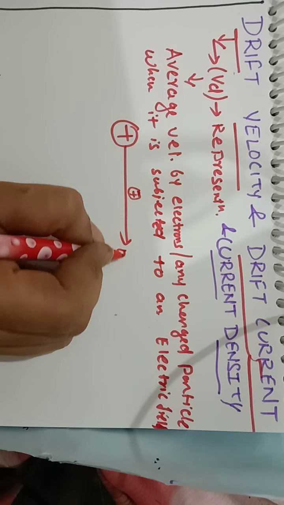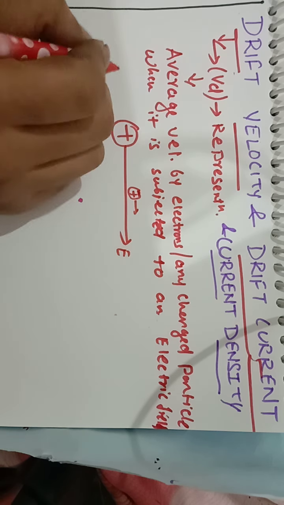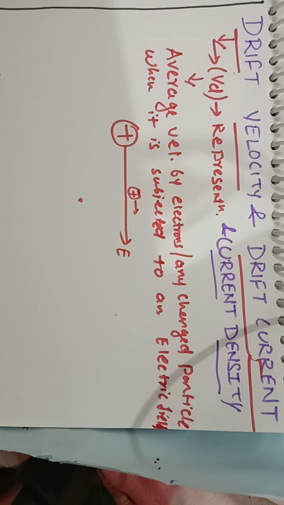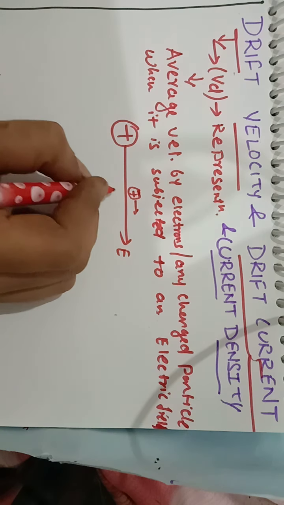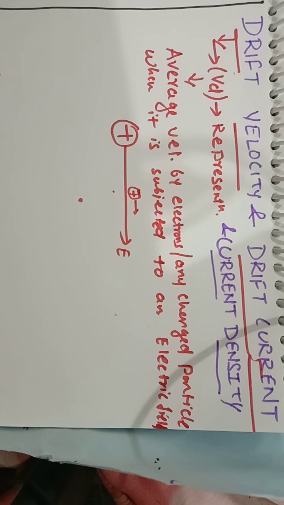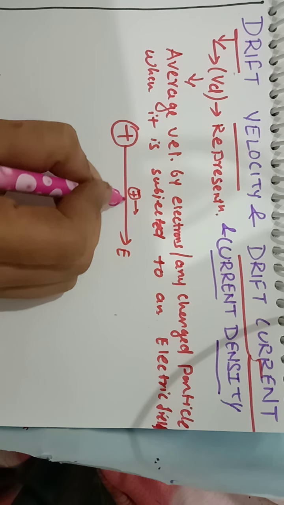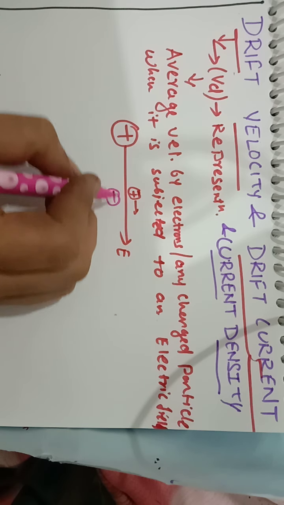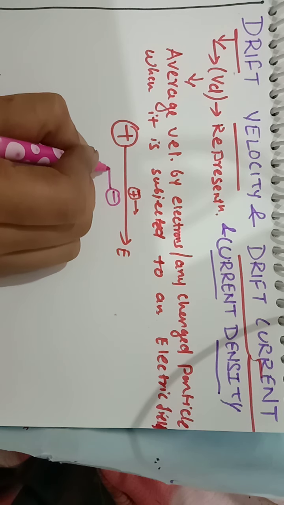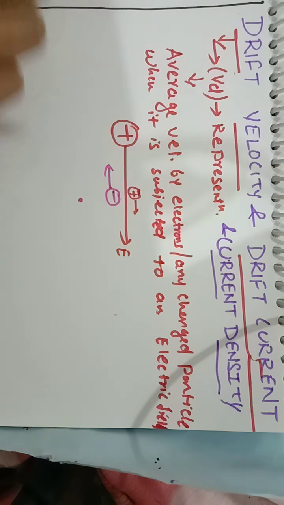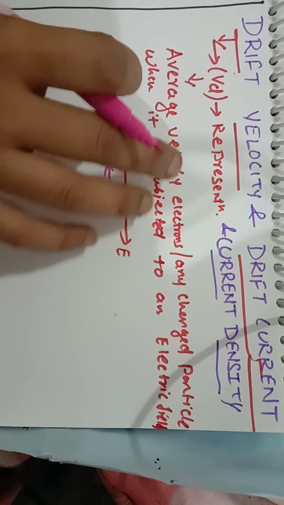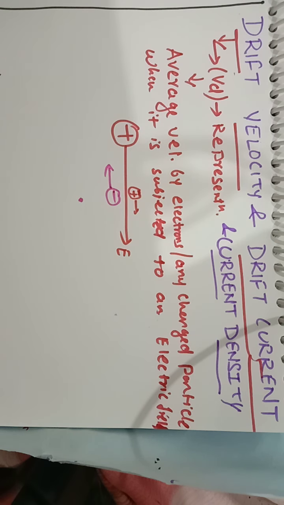In the direction of the electric field. And if we take an electron in this path, under the influence of this electric field, it will move opposite to the electric field. These are the properties of charges subjected to an electric field.